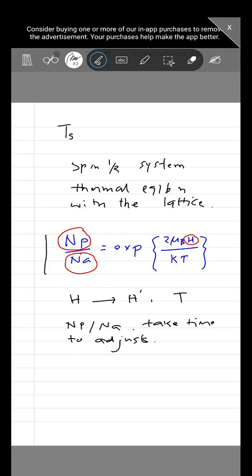Now if we replace this H by H dash, we can define another temperature Ts such that the instantaneous population satisfies the Boltzmann equation, and this Ts is called the spin temperature.